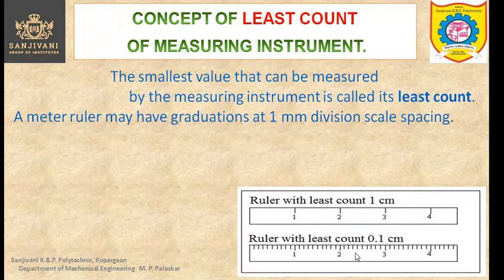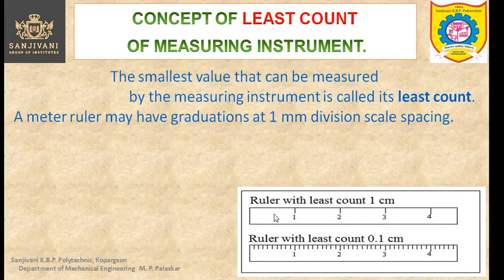If you take this ruler at the lower side, and take this as 0, this will be 1 centimeter, 2 centimeter, 3, 4 centimeter, and this very small distance between the two markings, two graduations, is 1 millimeter.